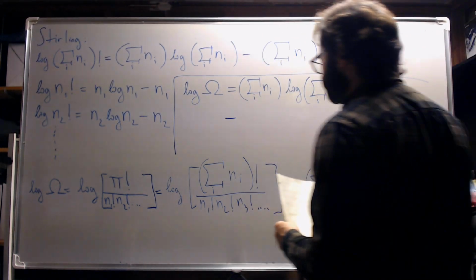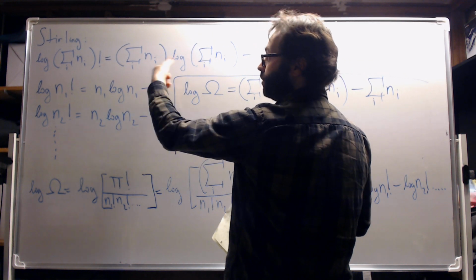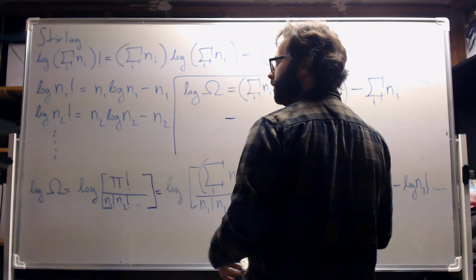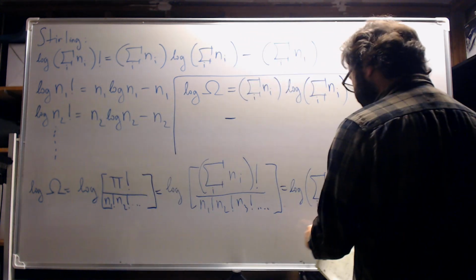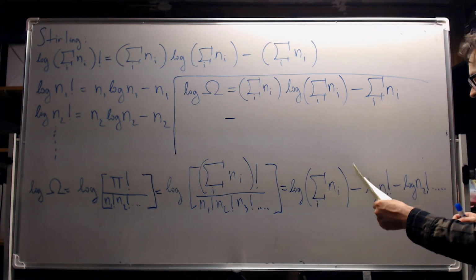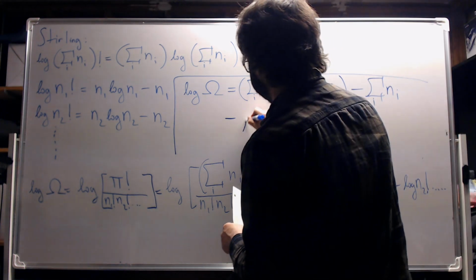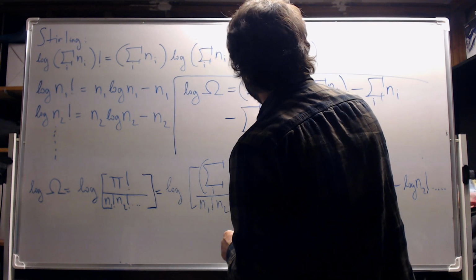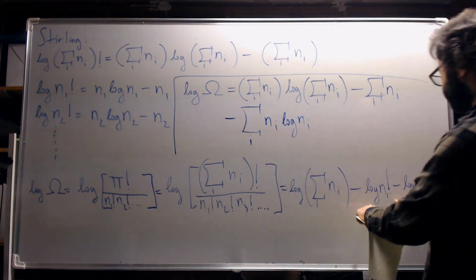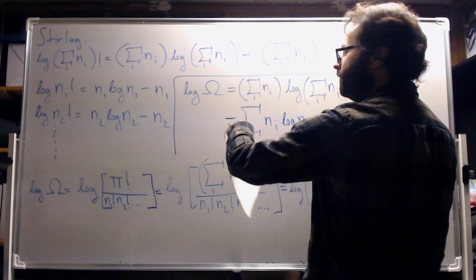Now, minus n1 log n1, and now plus n1, minus n2 log n2, and plus n2, and so on for all of them. I can group all of these together into a single sum, and that single sum is going to look like the sum over i of ni log ni, for each of these terms.